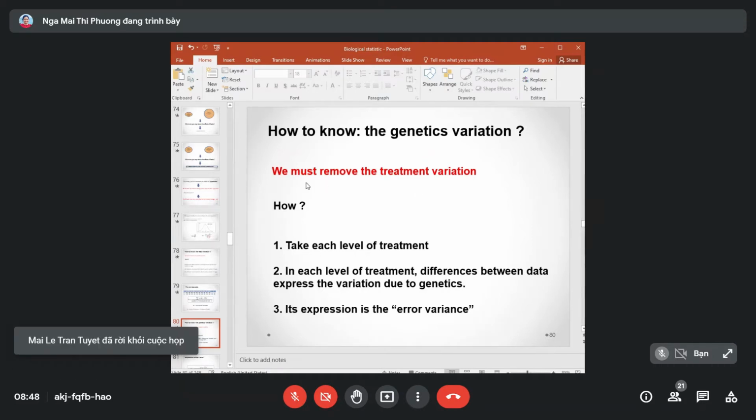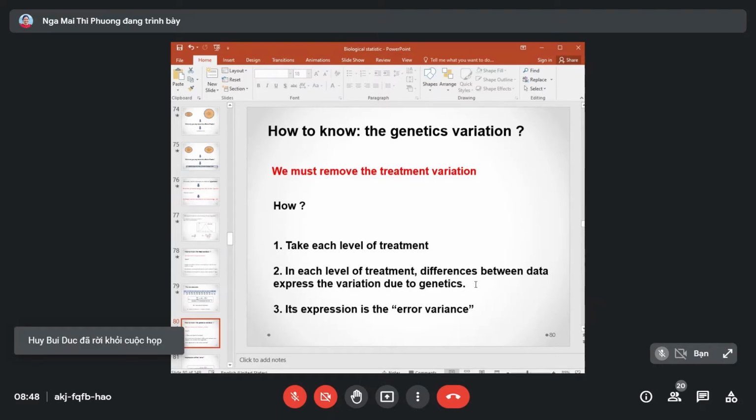So to know the genetic variations, we must remove the treatment variations, which is the level of feed. How to do that? We take each level of treatment. In each level of treatment, the differences between the data express the variation due to genetics. Of course, we cannot get the same number of eggs from 10 different chickens.